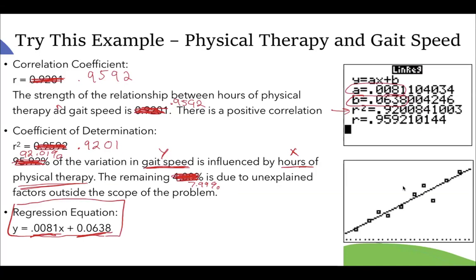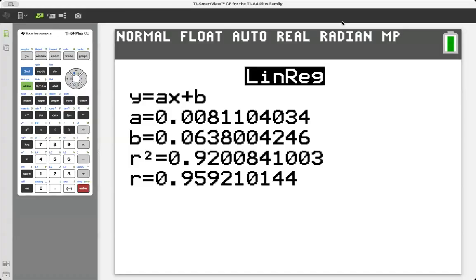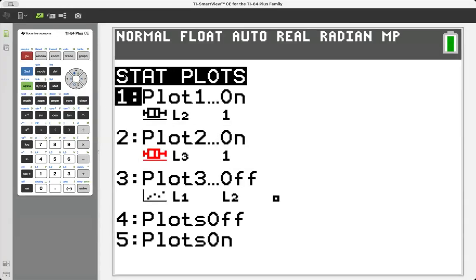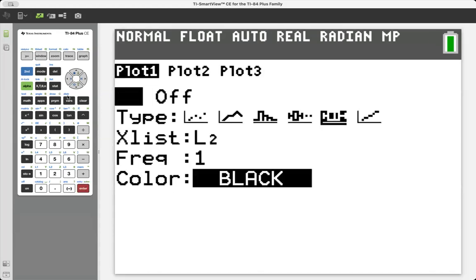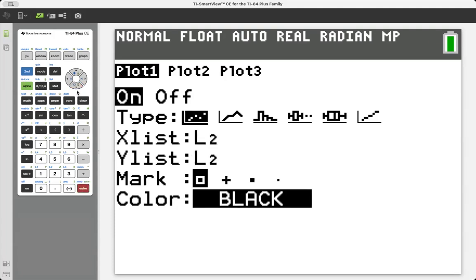Okay, now let's plot that graph along with our points on our scatter diagram and let's see what we get. I'm going to go into stat plot and, oops, this is way off. So let me fix this. I'm going to turn this to the scatter diagram and have it point to L3 and L4.